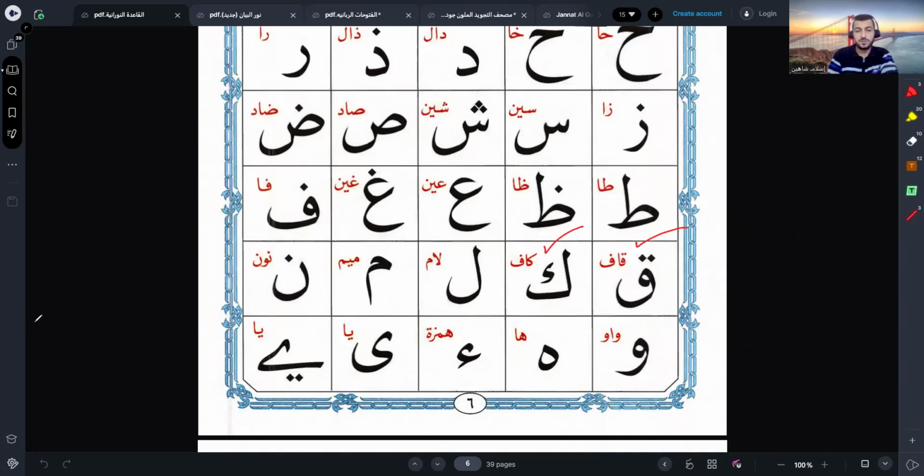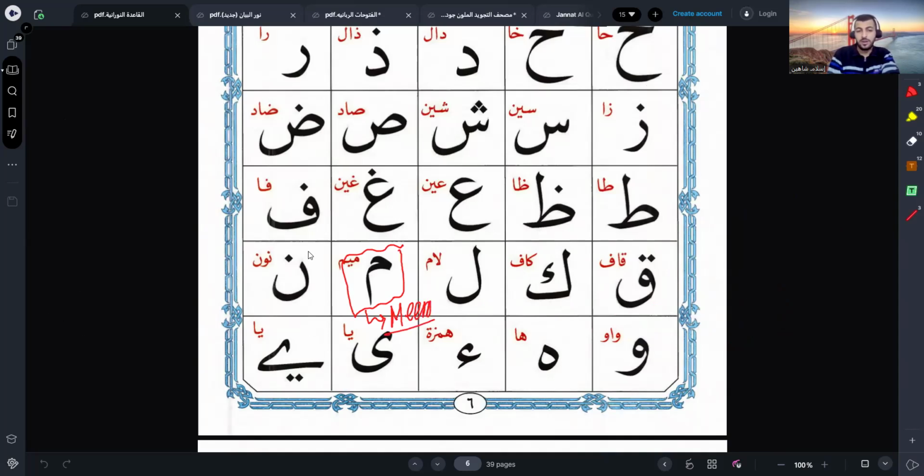The next one, which looks like a hawk, is the letter Lam, the same as L in English. The next one, Meem, is close to M in English.